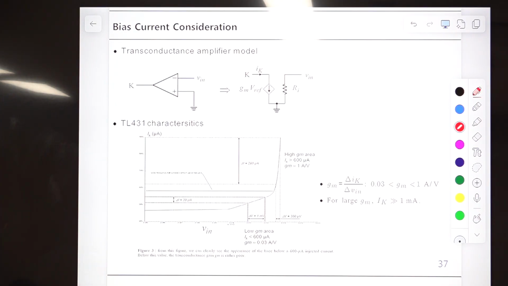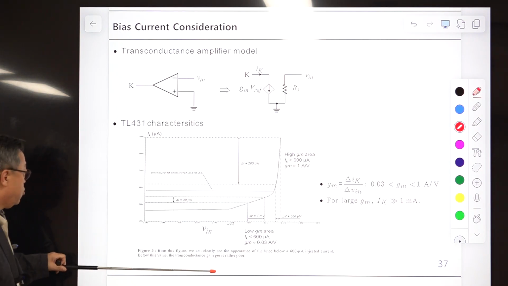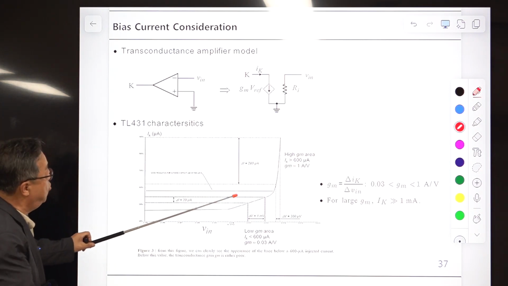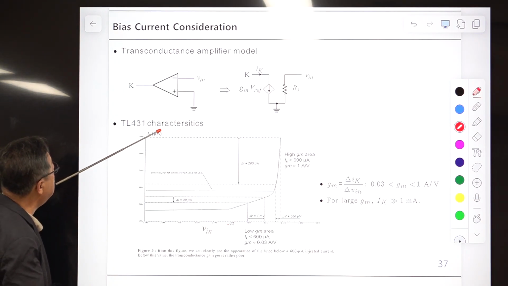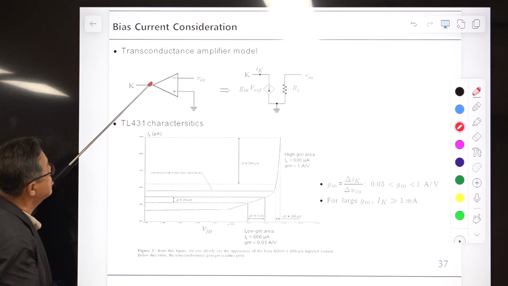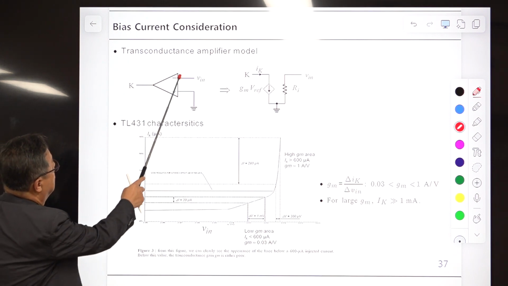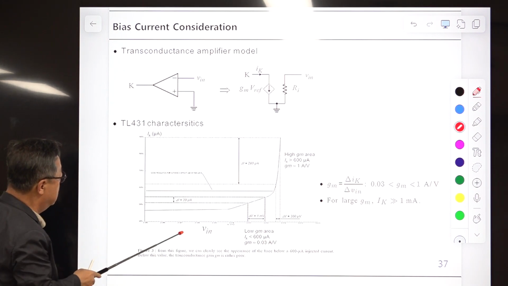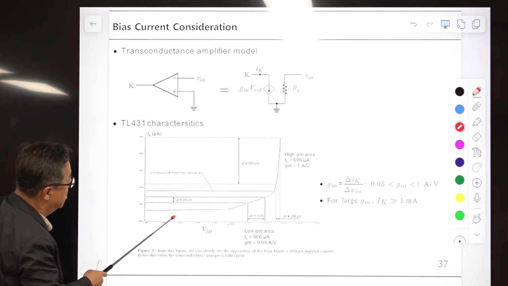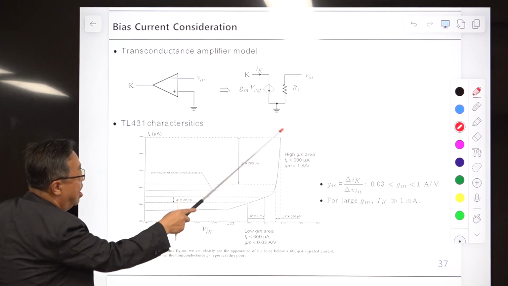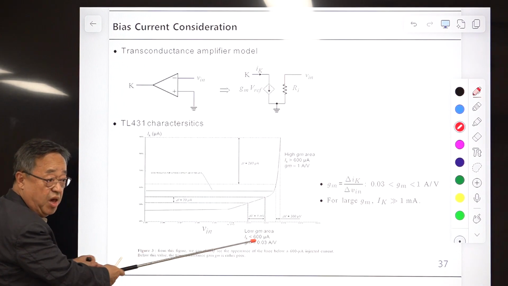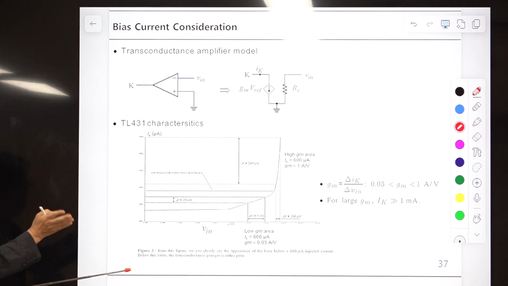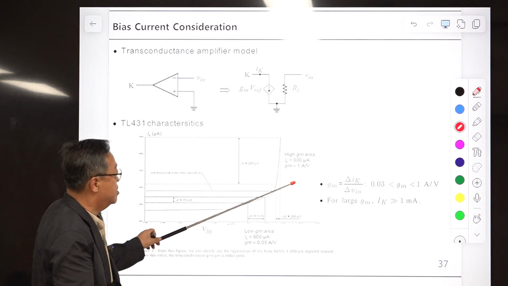And this curve, I took this graph from Basso's book, and what he wants to say is this is the relationship of VM and IK. And this one is a transconductance amplifier. So if V1 is increasing, IK is increasing, and this curve is something like this. And the GM in here is very large. GM means it's a slope. Slope at the operating point is small.